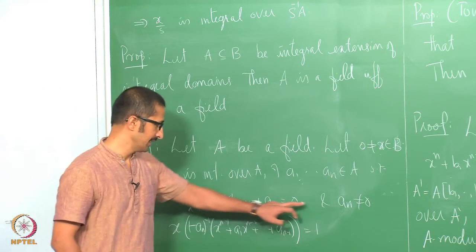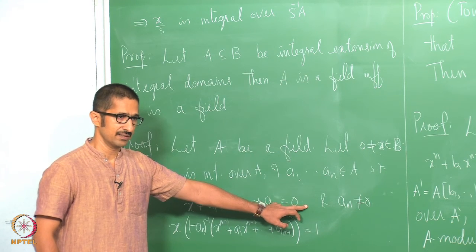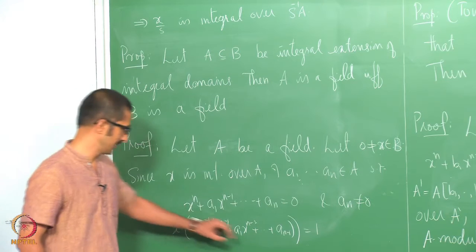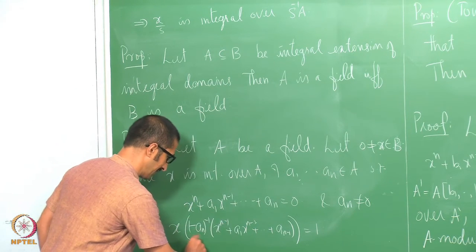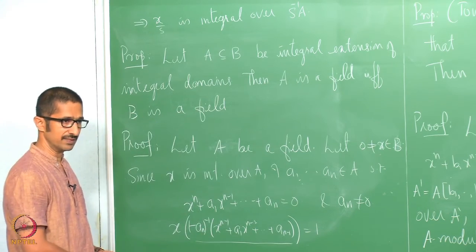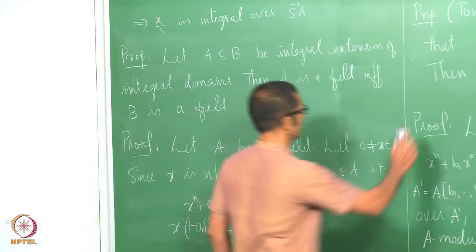I take minus an to the other side and multiply by its inverse. So, this is an element in B, therefore I have an inverse in B.